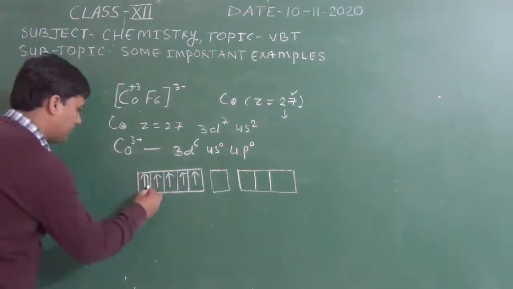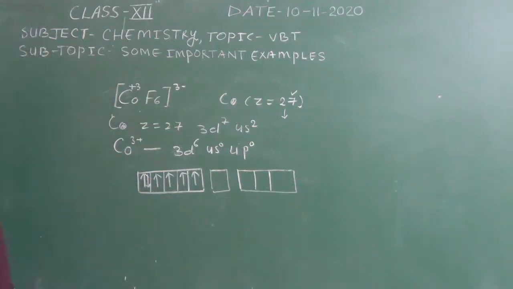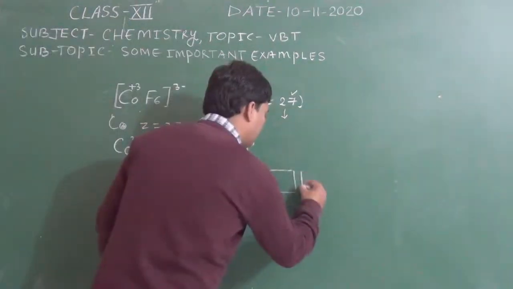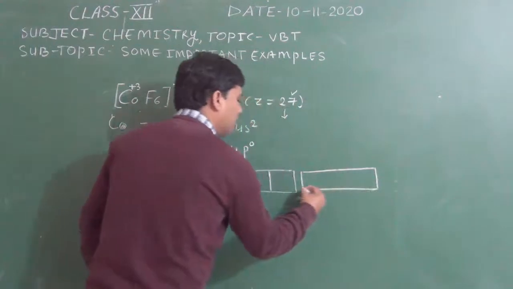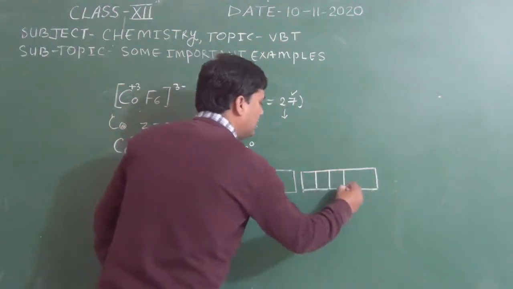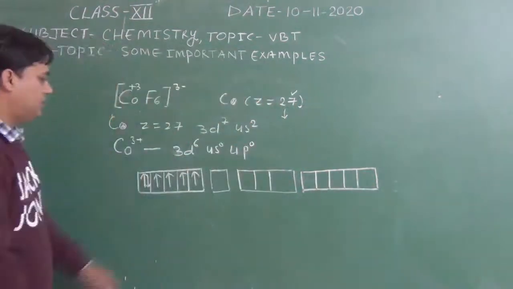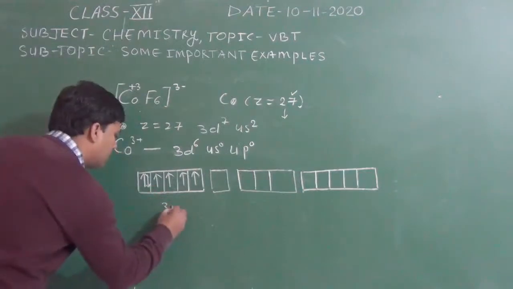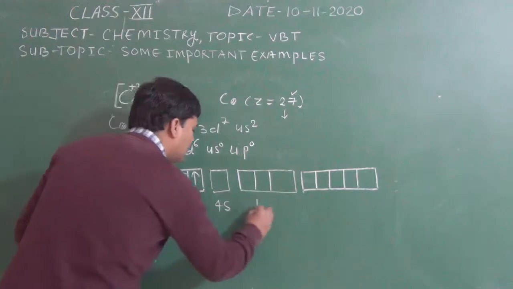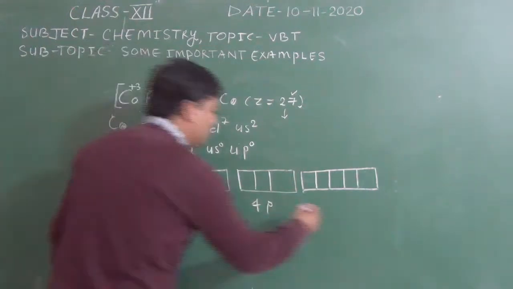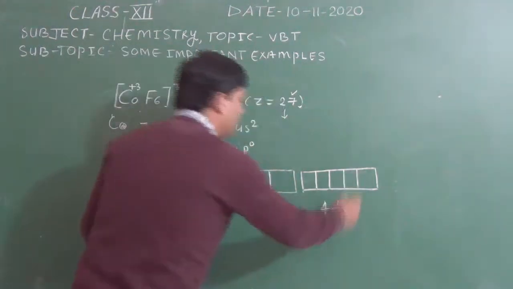The next orbitals are the d orbitals, again 5 of them. This is 3d, this is 4s, this is 4p, and this is 4d.